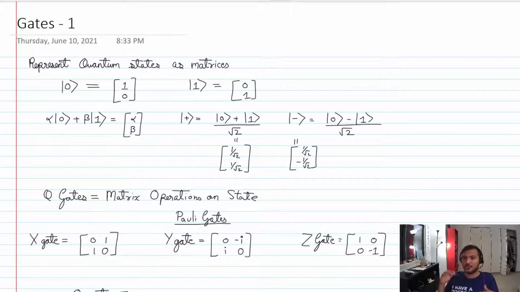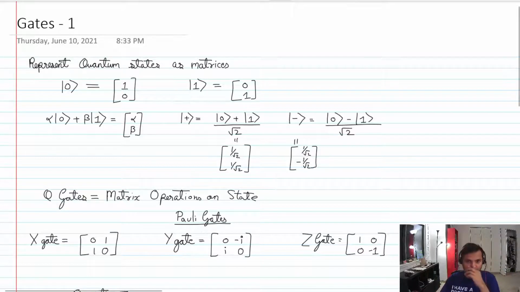That's through a 3D sphere. I will talk about it later. And in the third video, I will go over two qubit gates. And I think with that, we should be ready to jump into the first proper quantum algorithm. All right, so lots of learning to do till we get there.